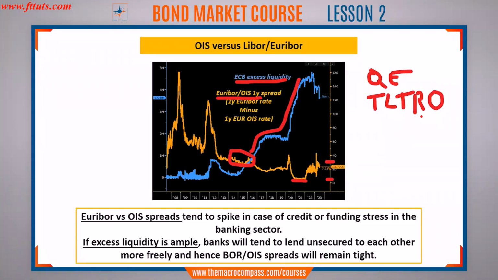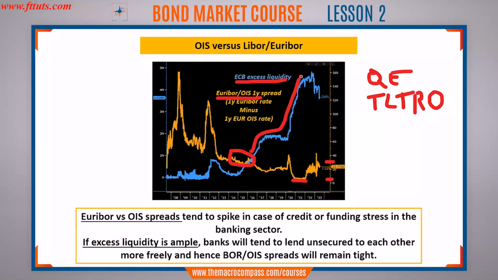TLTRO is a recent new monetary mechanic created by the European Central Bank, which basically is a loan. So the central bank would take collateral from European banks and lend reserves to them. So the central bank creates bank reserves and lends them to European banks in exchange for collateral. Again, European banks find themselves with excess bank reserves, with excess liquidity.